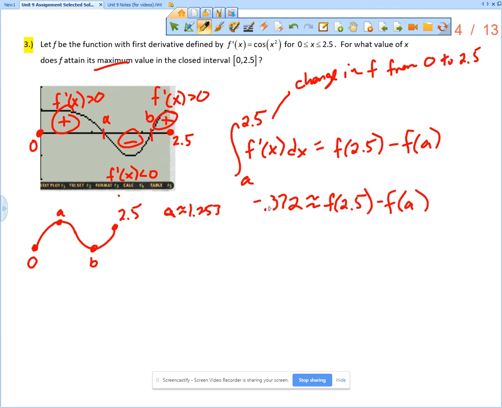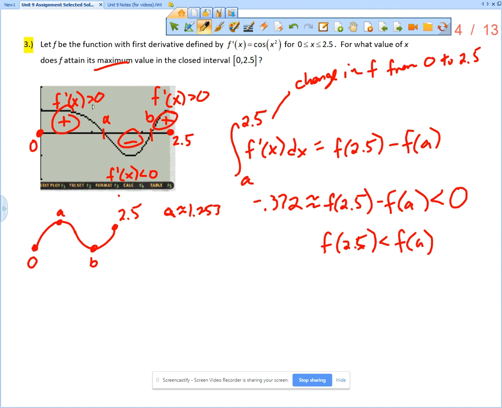So let's make this a little easier. F of 2.5 minus f of A is approximately negative 0.372, which is a negative number. Therefore, this thing is less than 0. That means that if I move the f of A over, f of 2.5 is less than f of A. Simple algebra, just add f of A to the other side of the equation.